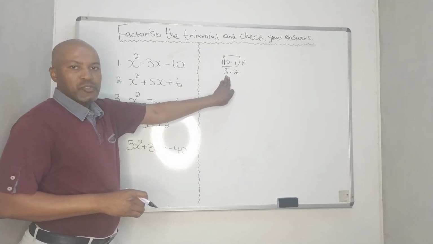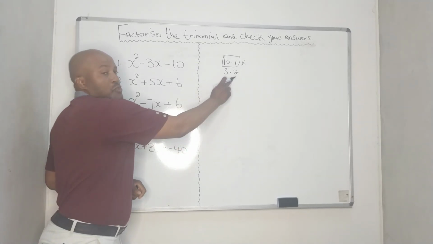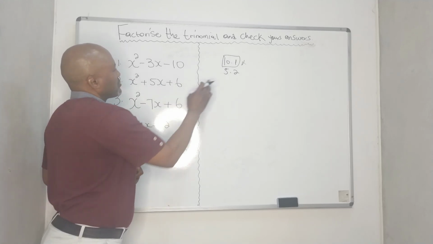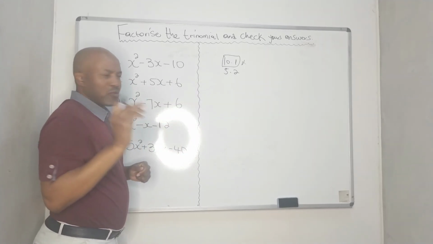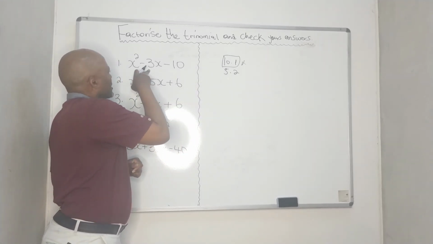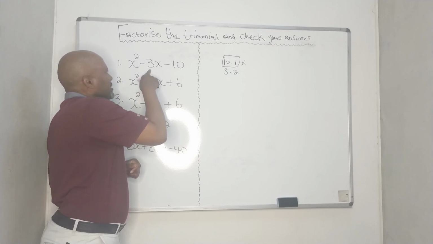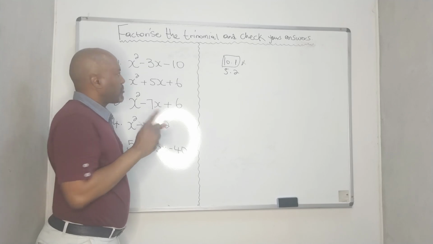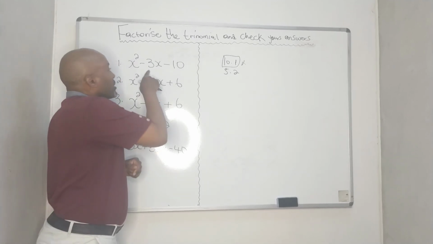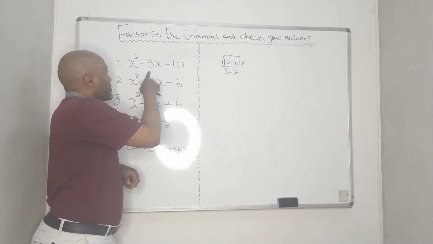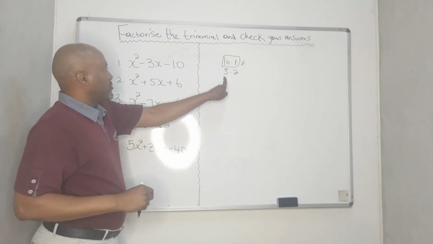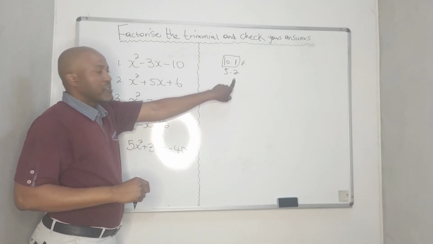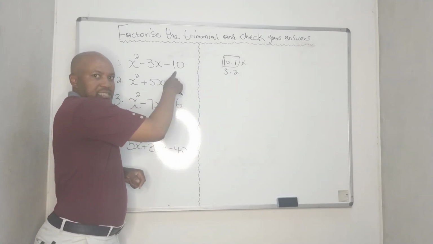So let's come to this one. 5 and 2. We've got 5 and 2 here, and when we go to the middle term, if we add 5 and 2, we need to play around with the signs. We will get negative 3x. And if we multiply 5 and 2, we will get 10, right?